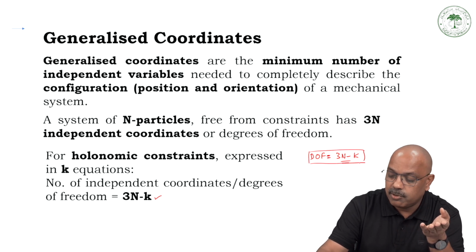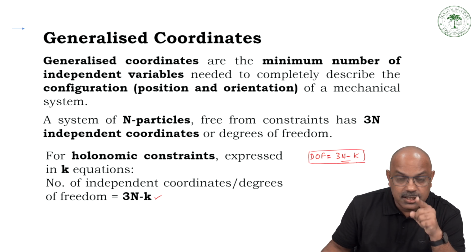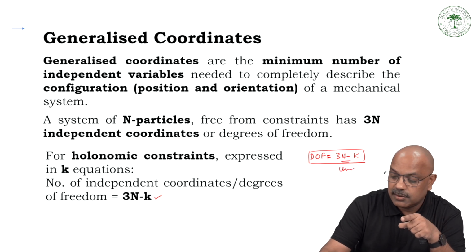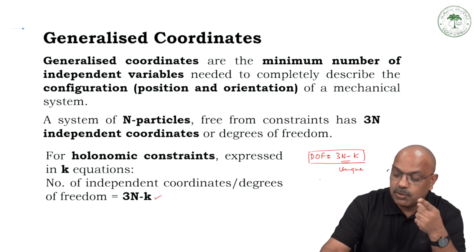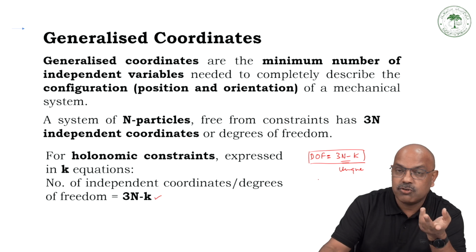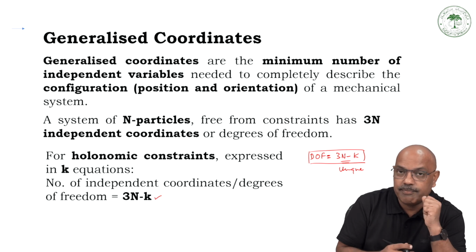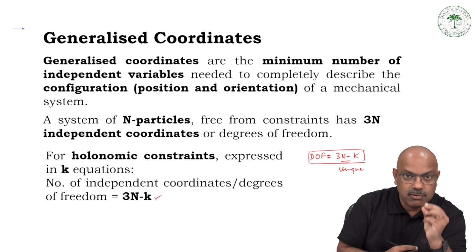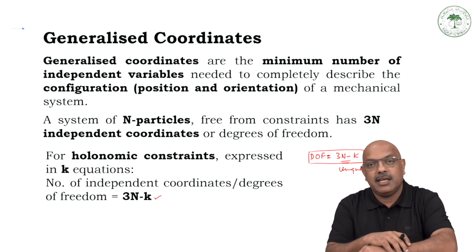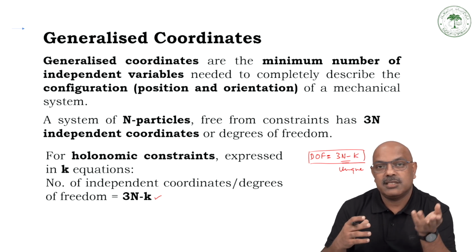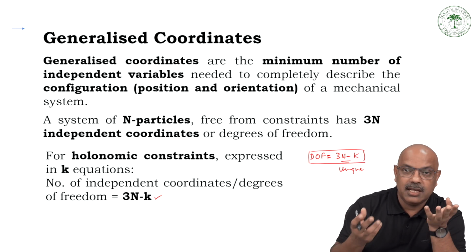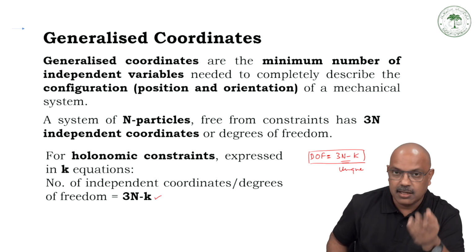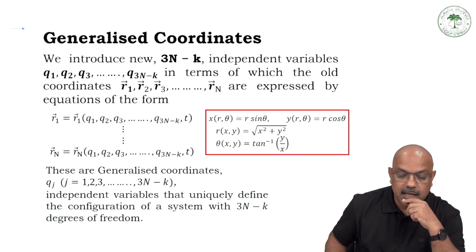But the problem is that the number of degrees of freedom is unique, while the generalized coordinates cannot be unique. The generalized coordinate could be anything. In this case it is theta, in other cases it could be phi or something else. We will see this as we move forward.